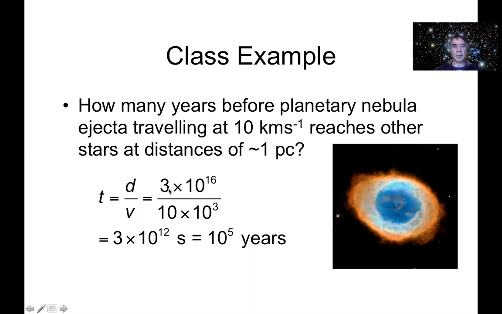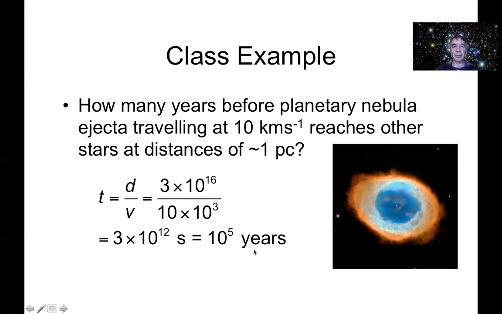So it's just a simple time is distance over speed argument. If we want to go 1 parsec, which is about 3 × 10¹⁶ meters, and we're going at 10 kilometers per second, so let's change our speed into meters per second, then you get 3 × 10¹² seconds, which is about 10⁵ years.